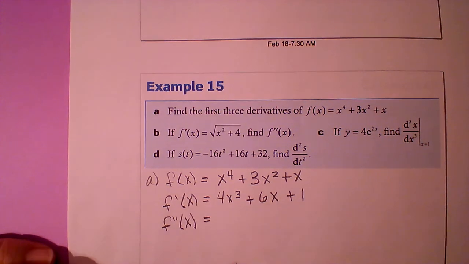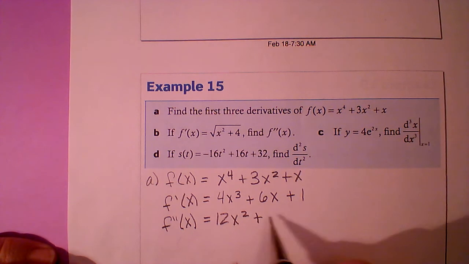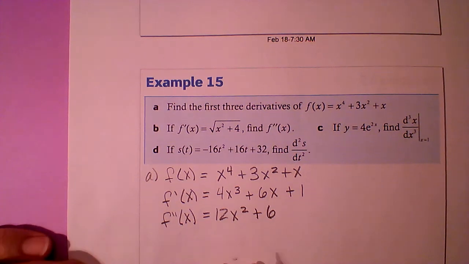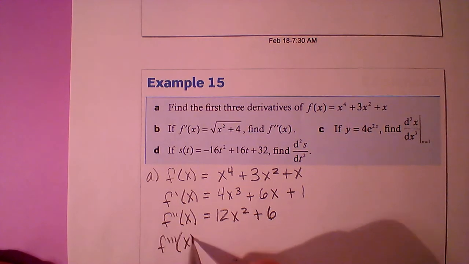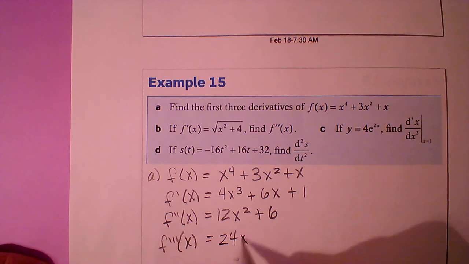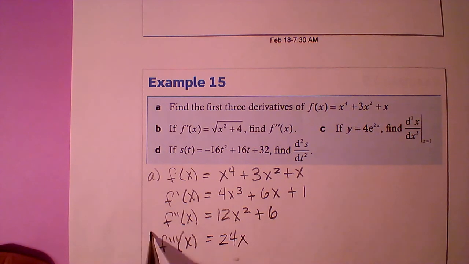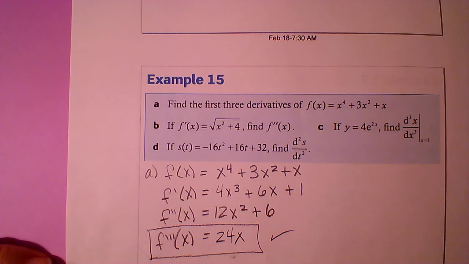This one's easy. So 12x squared plus 6. And then lastly, the third derivative. F with 3 primes gives us 24x. And that's it. That's our answer for A.